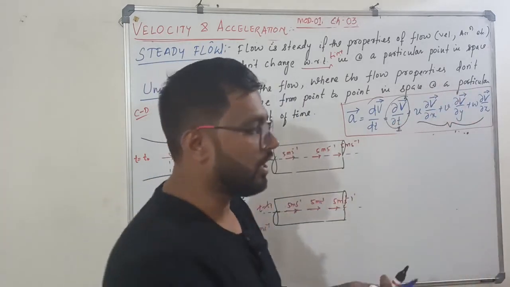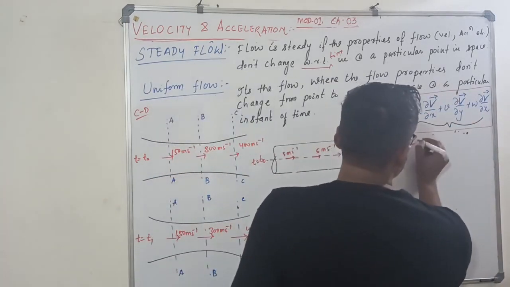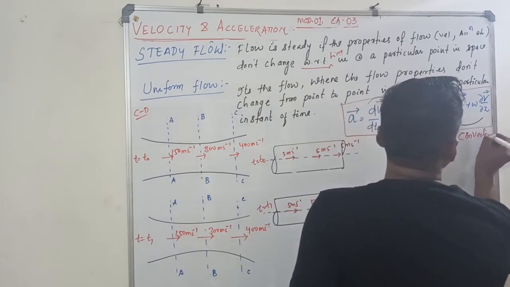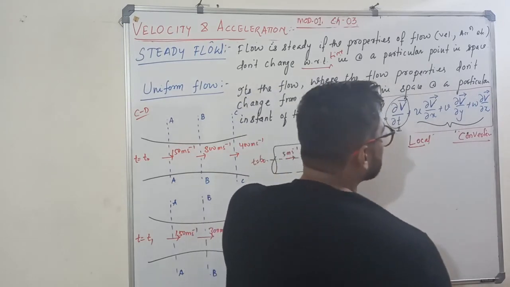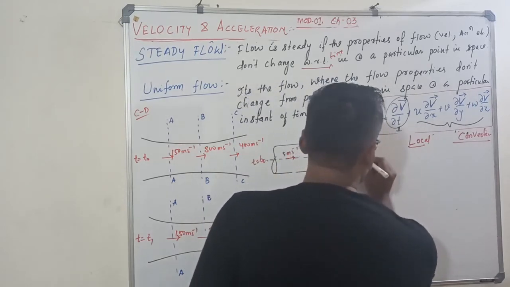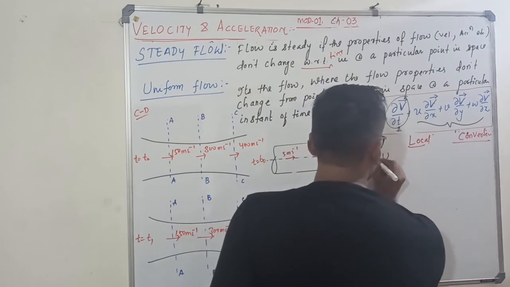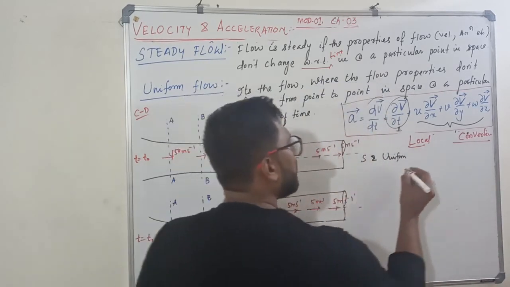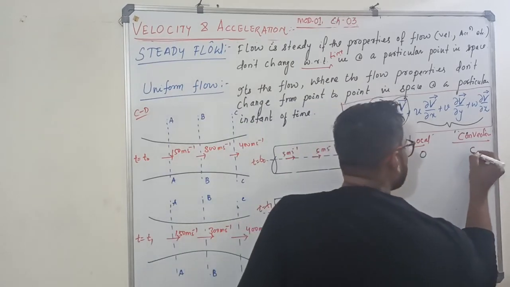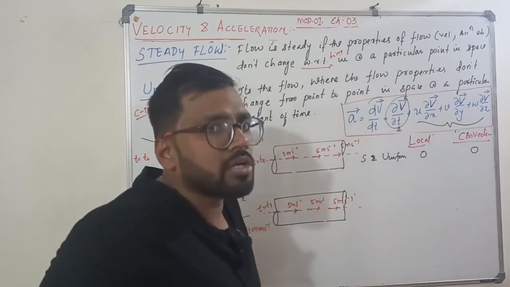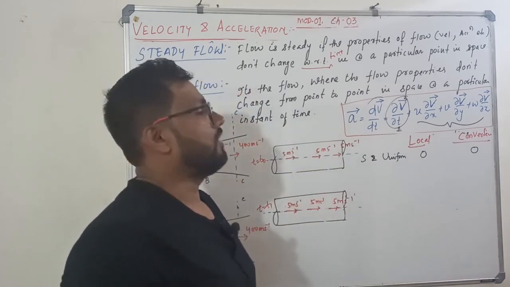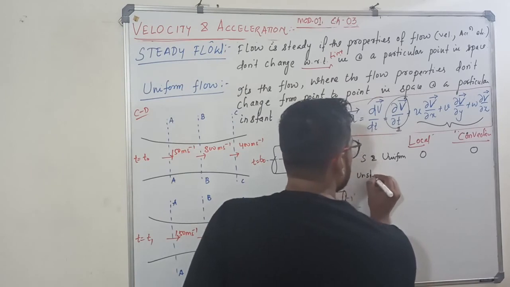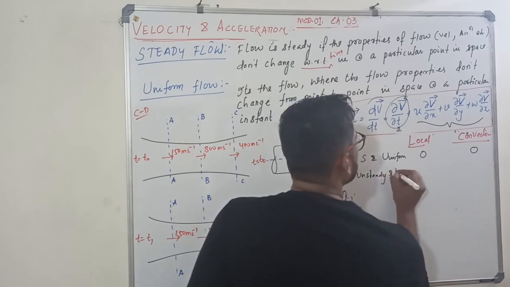So what will happen to the local and convective acceleration in such a case? Steady, uniform flow: local acceleration 0, convective acceleration 0, hence the total acceleration is 0. Velocity is not changing at all. What happens if it is unsteady and uniform flow?